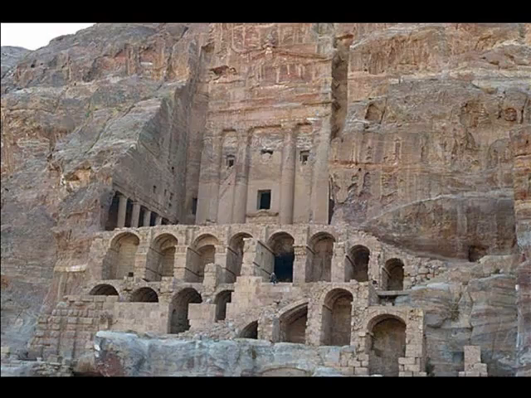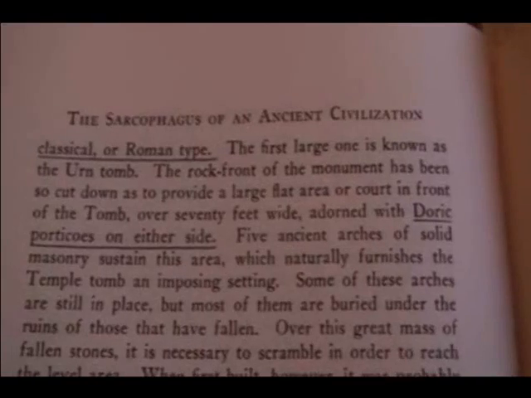The rock front of the monument has been so cut down as to provide a large flat area or court in front of the tomb, over 70 feet wide, adorned with Doric porticos on either side. Now Doric, that's a form of architecture. That's an architectural style, a Hellenistic architectural style.